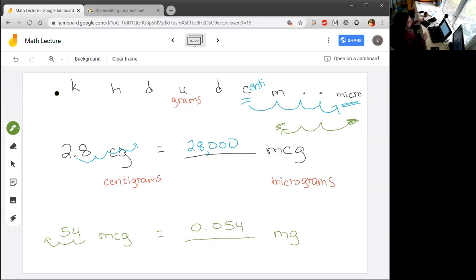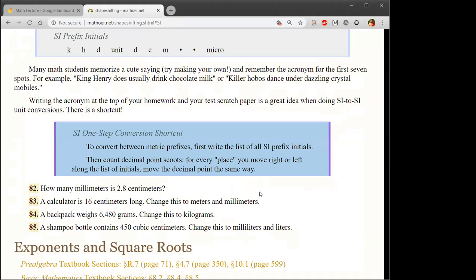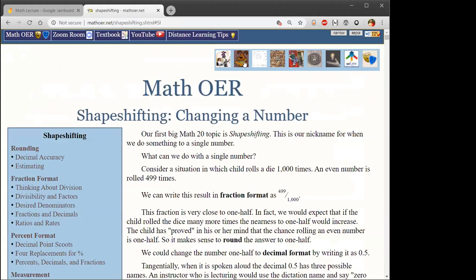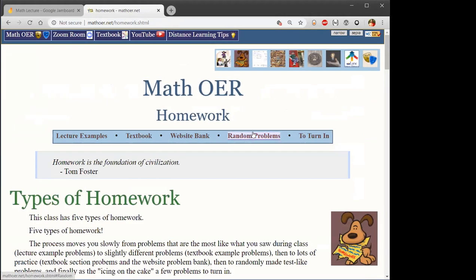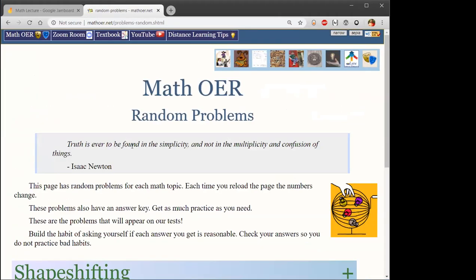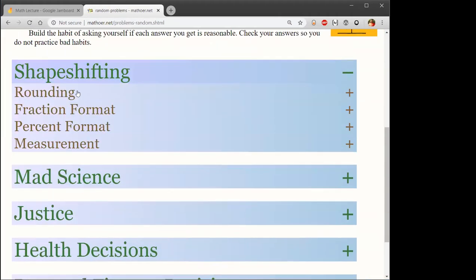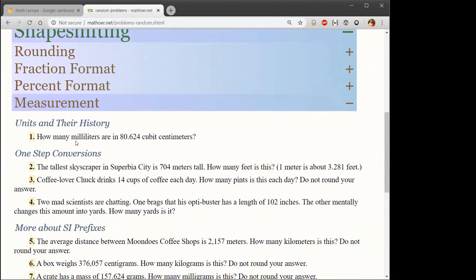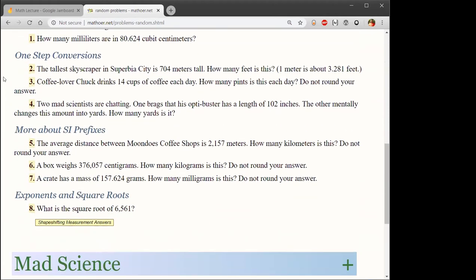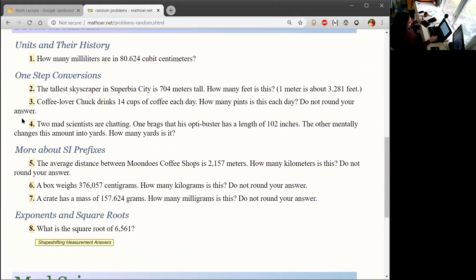Should we look at some homework problems? Sure. Okay, we haven't done number 8 yet.